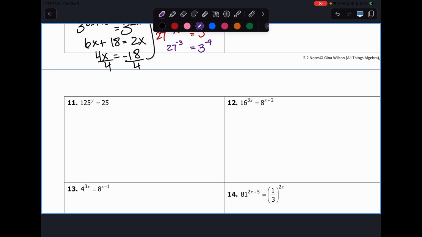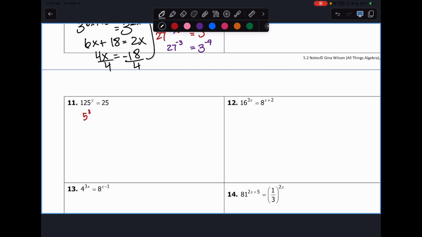Is it 25 or 5? It should be 5 because 25 to the third power is not going to get you 125. 25 to the second power is not even 125. Okay, so it has to be a base of 5 for them to have it in common. 5 to the third power equals 125.